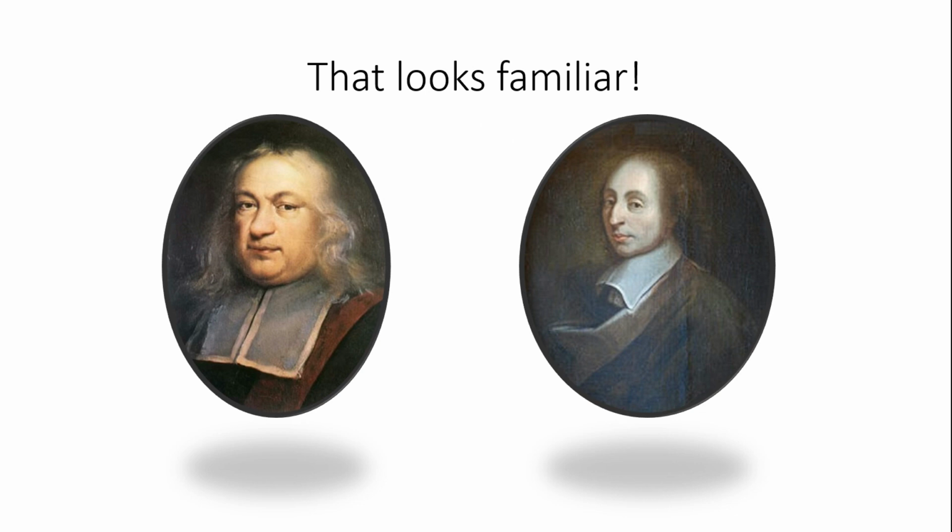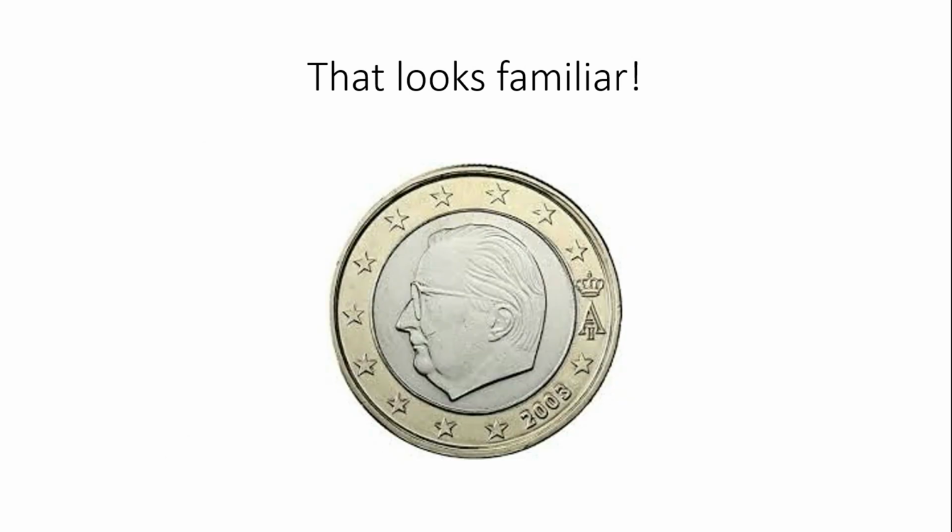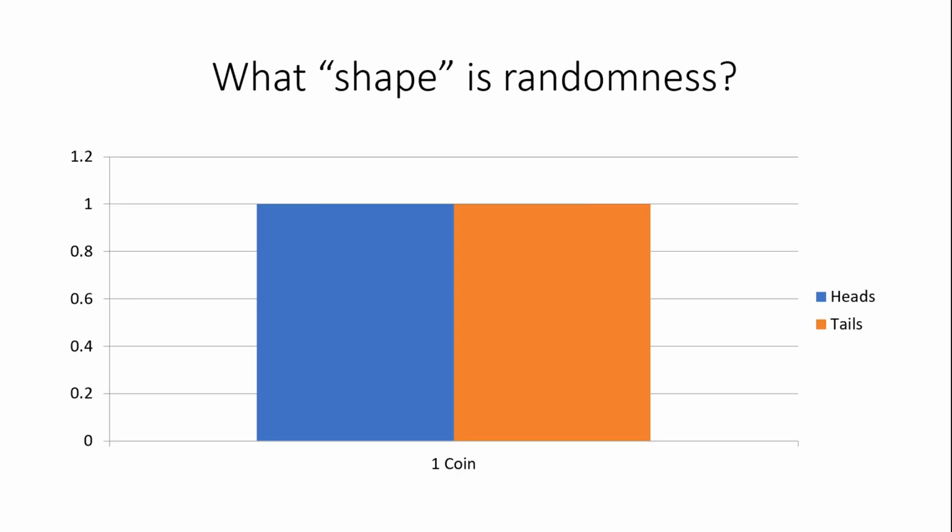More than 100 years earlier, these two guys, Fermat on the left and Pascal on the right, had gotten involved in helping a rich gambler try to figure out why he kept losing what looked like sure thing bets. And in an exchange of letters, they invented probability theory. So consider a coin. Assume it's a fair coin. If we throw it 1,000,000 times, we expect to see half heads and half tails.